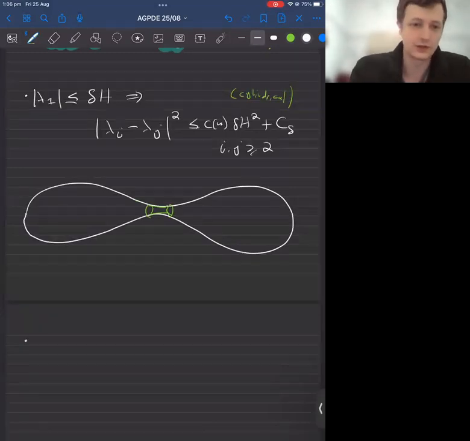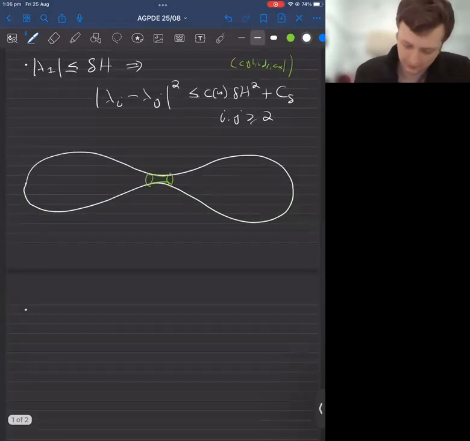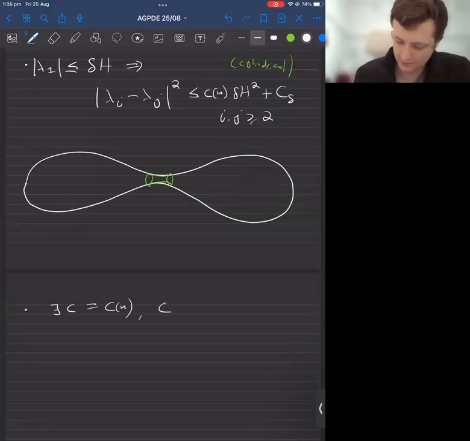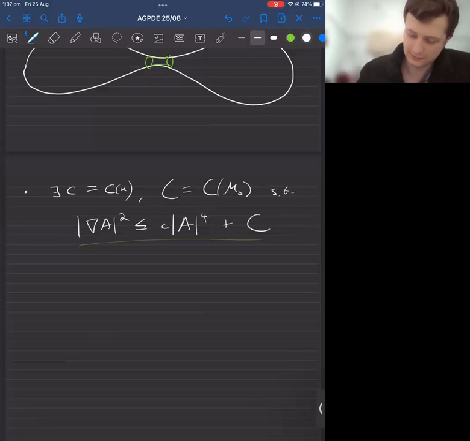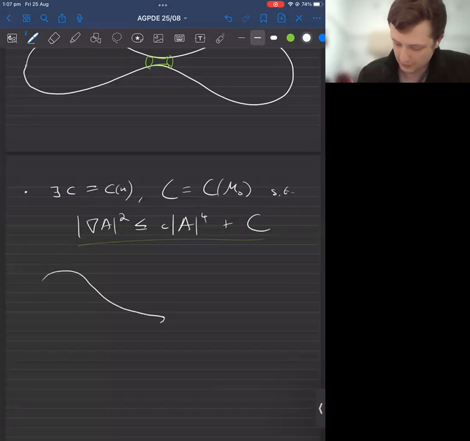There's a bad situation that can occur, and that's where the next estimate comes in, our gradient estimate. This is what we did last time. So there's a constant, a small c and a big C, such that we can bound the gradient of our second fundamental form. The way this is going to help us is in this bad situation where we have this spherical cap forming. Suppose we have a degenerate neck pinch coming in like this.